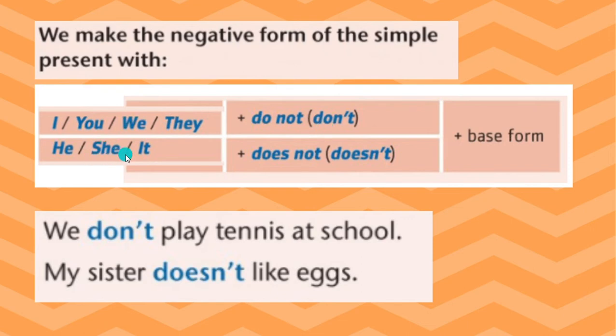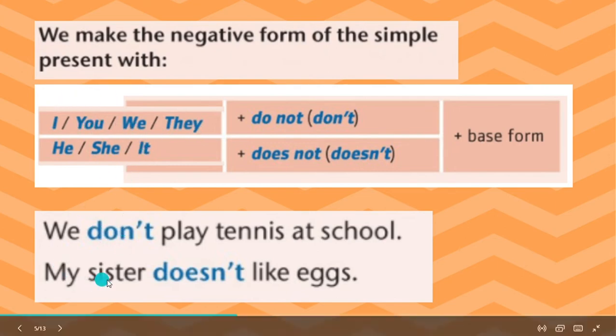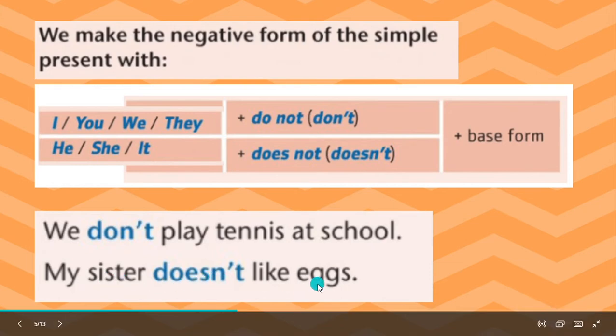He, she, and it with doesn't. Okay? For example, if I wanna say we don't play tennis at school, we're gonna use don't. Because don't is in the group with I, you, we, and they. My sister doesn't like eggs. Doesn't because with he, she, and it, we're gonna use doesn't.